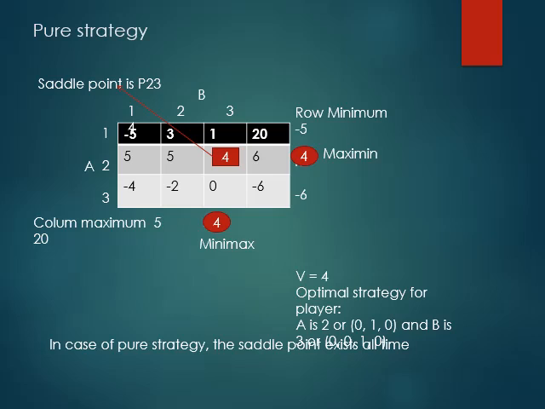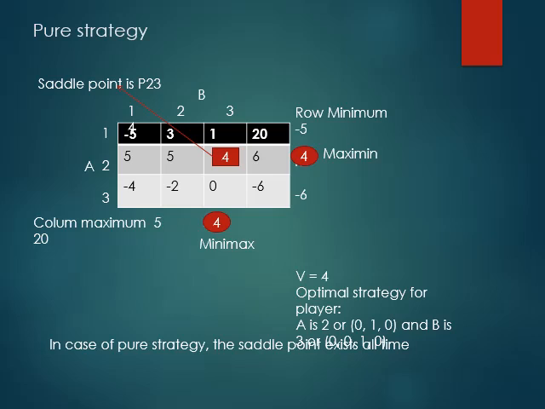The cell in which the game value is placed is known as the saddle point. Saddle point. The place is row 2 and column 3. We can call it P23. 2 denotes row number 2 and 3 denotes column number 3.